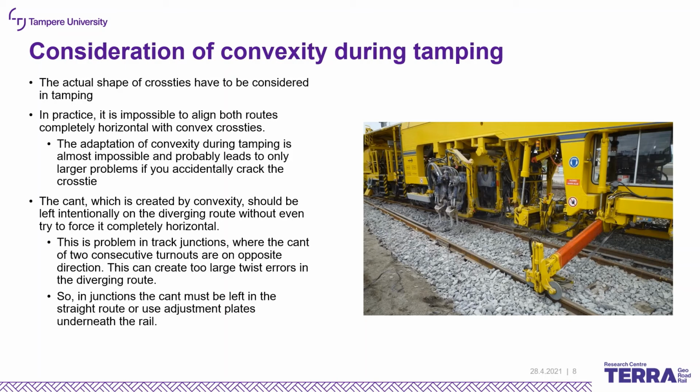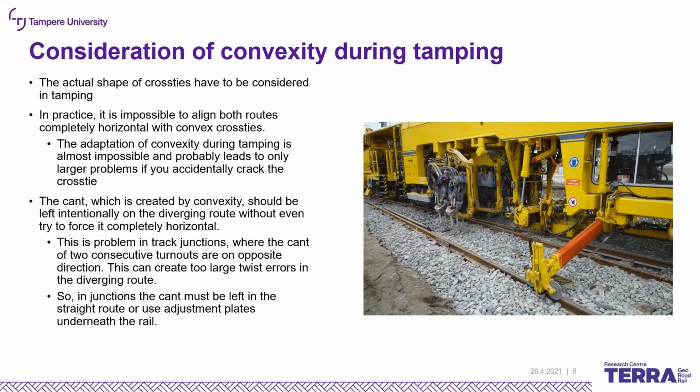But this is a problem in track junctions, where the cant of two consecutive turnouts is in opposite directions. Of course, the diverging routes are facing in the middle, and the cant values of the convexity are in opposite directions, so it's a problem. And it creates really big twist errors in the diverging route.